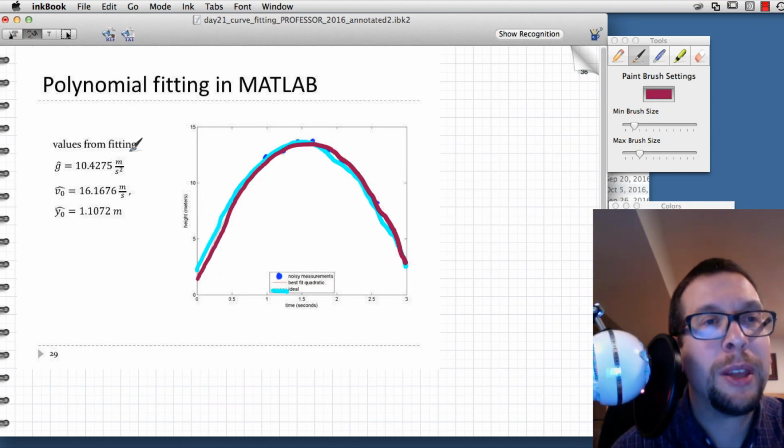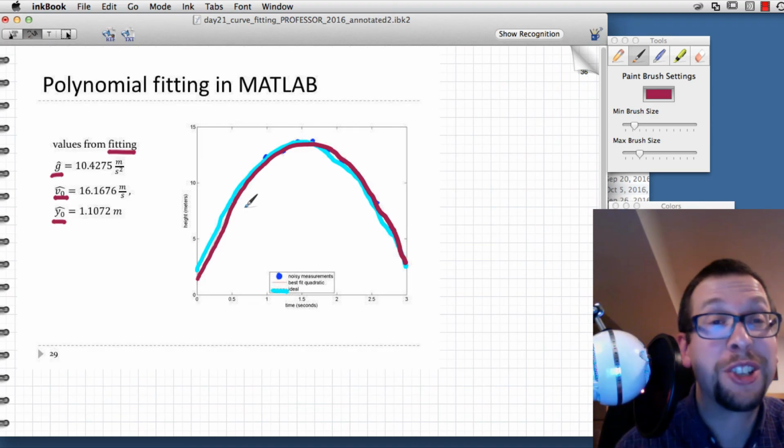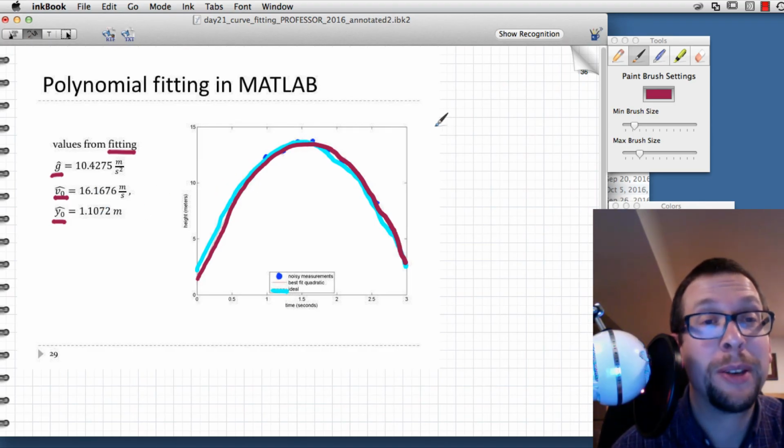From the fitting, we ended up getting an estimation of the gravity term, an estimation of the original velocity term, and an estimation of the original height, which actually aren't that bad. They're off by just a couple of percent.